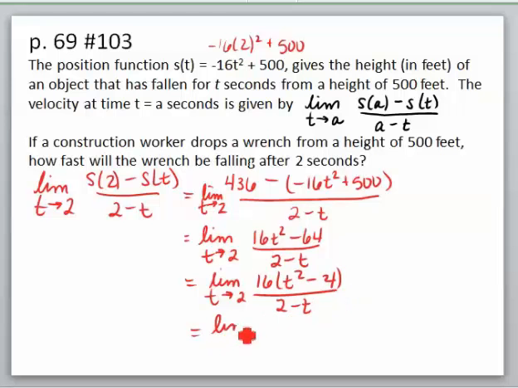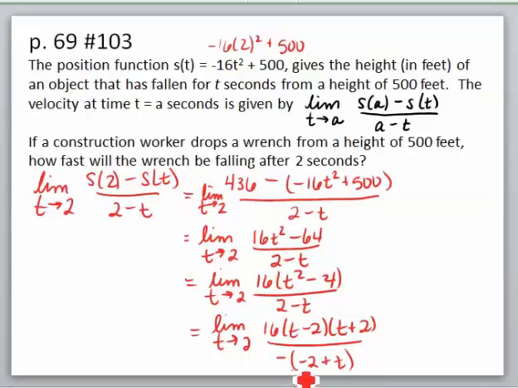On the top, I can factor again, and I get 16 times t minus 2 times t plus 2. On the bottom, I almost have what I have. On the top, I just need to take out a negative. Now I can cancel the t minus 2's. Plug in my 2, and I'd have 16 times 4 over negative 1, which gives me a negative 64 for my velocity.